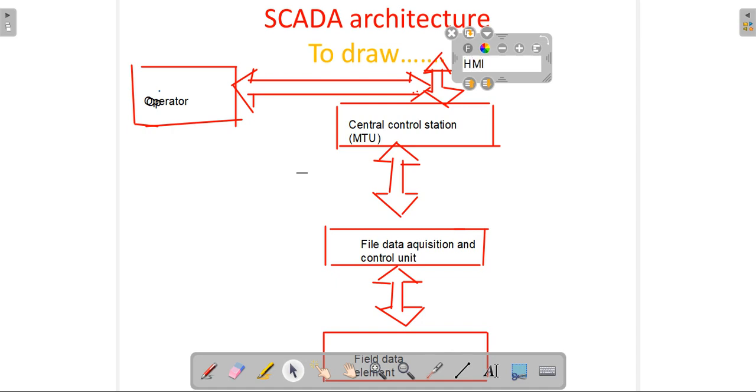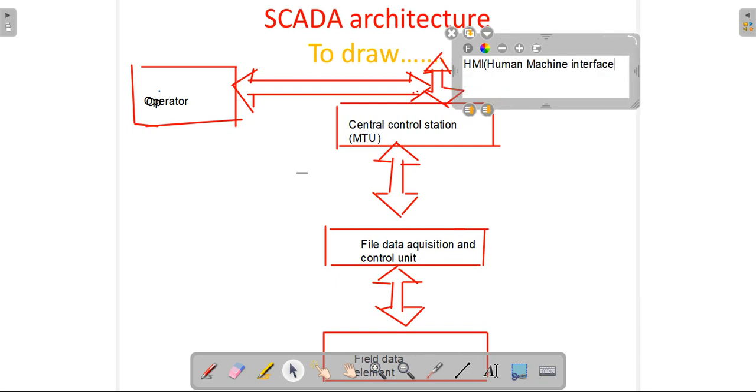You know what is the meaning of HMI. I will write in the bracket: human machine interface. HMI stands for human machine interface. Then you have the operator here. We have already written it here.